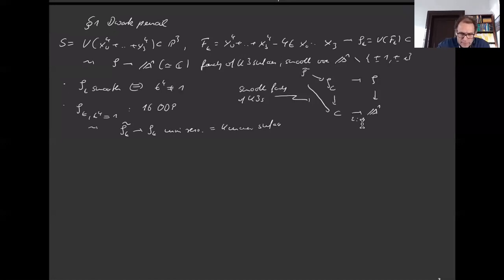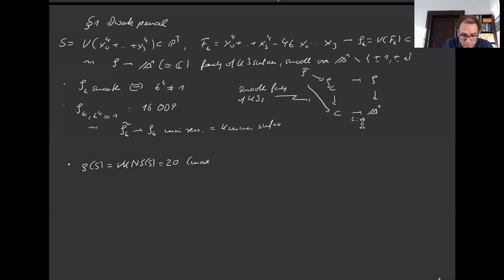Let's look at the center fiber. The center fiber is the Fermat quartic, and it has a rather large Néron-Severi group. So rho of S was the rank of the Néron-Severi group, and this is actually 20.